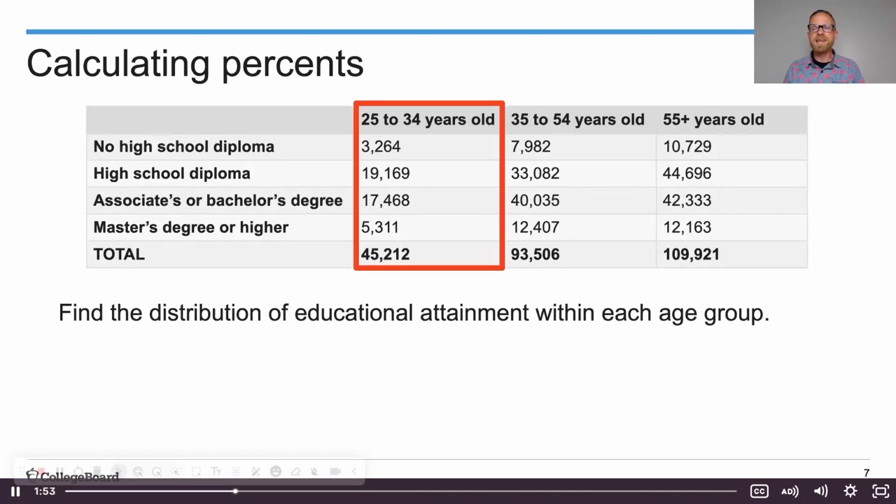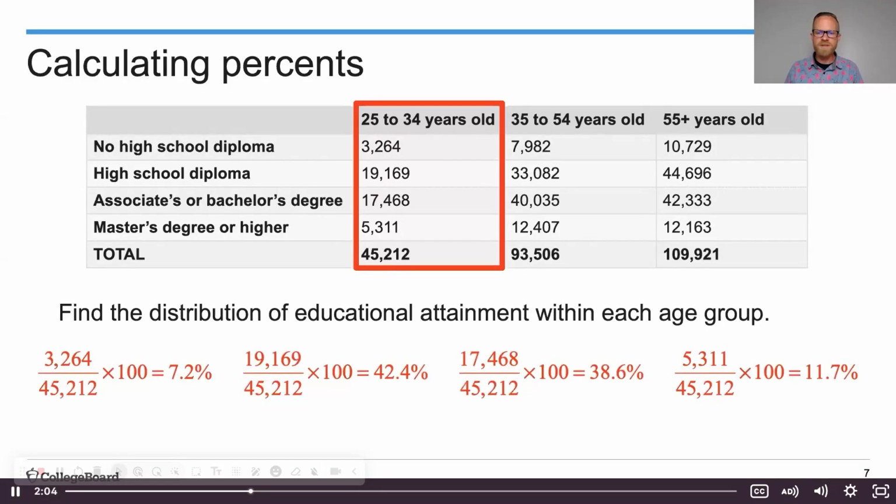And within that age group, we'd like to know what percent of the 25 to 34-year-olds were in each one of the four educational attainment levels. And so each one of these four calculations, you'll notice, is going to be divided by that column total, 45,212.